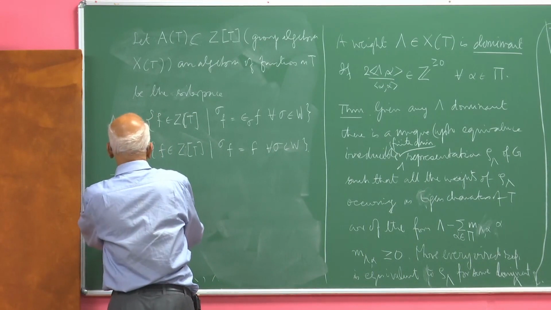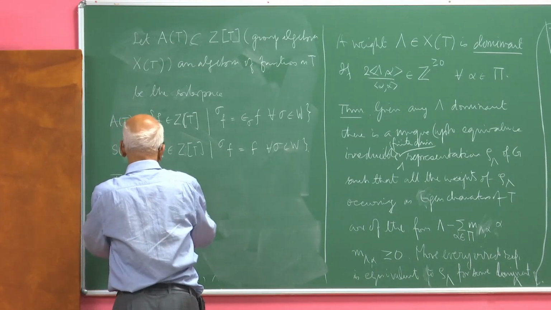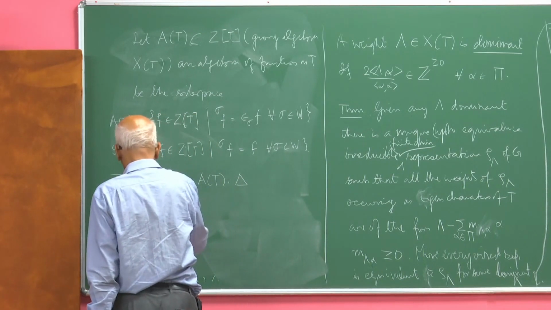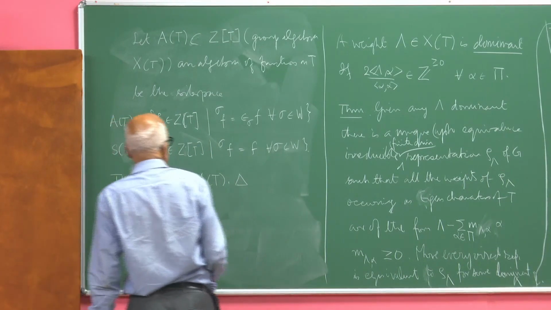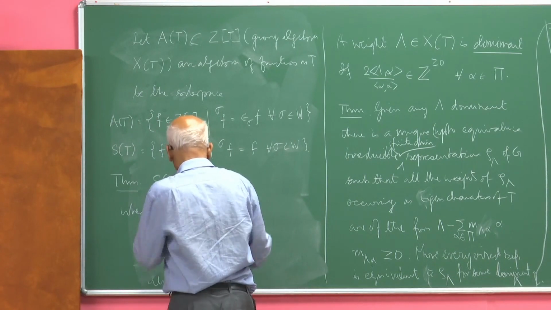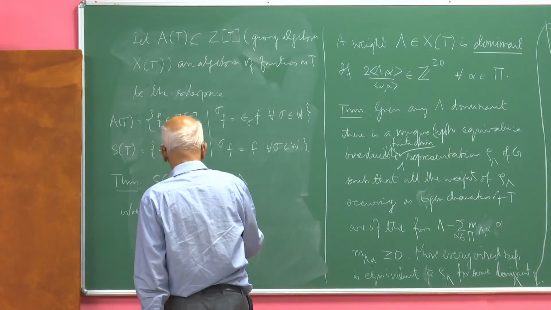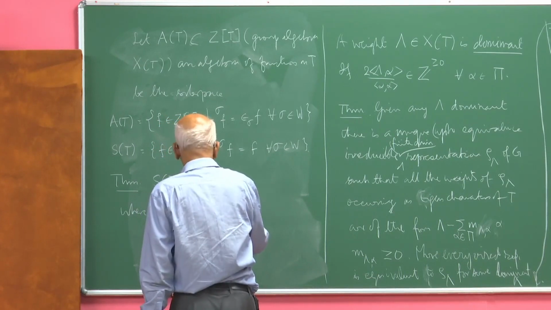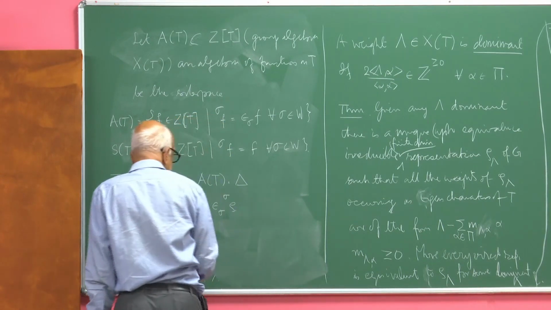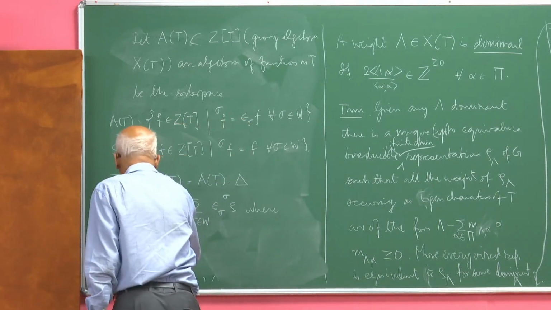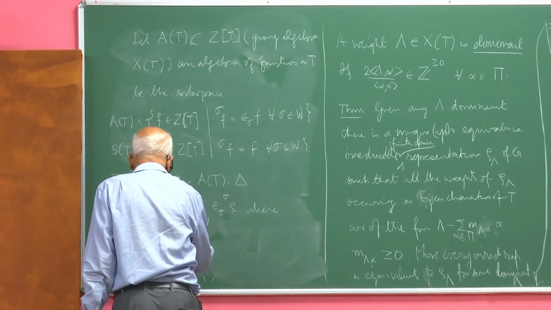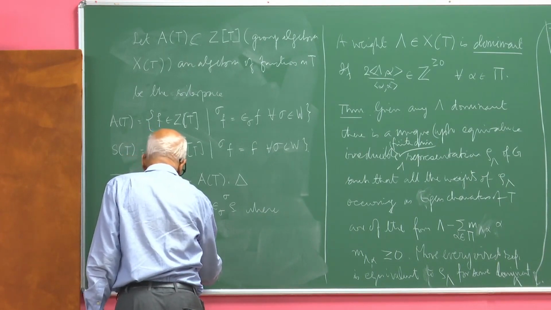The point is, the theorem says that ST equals AT times delta, where delta is the sum over sigma in W of epsilon sigma e to the sigma rho, where, my apologies for the notation, rho equals half the sum of the positive roots in delta plus.